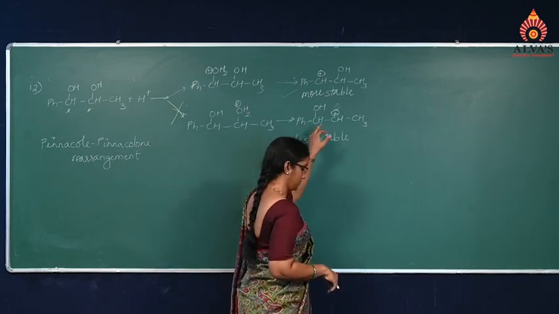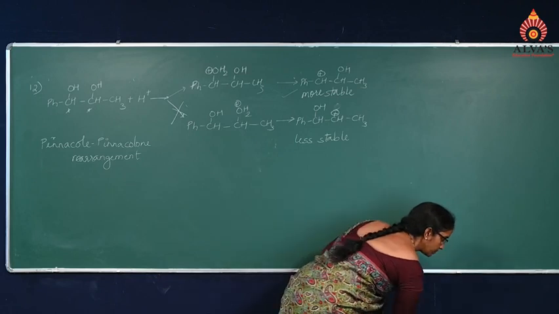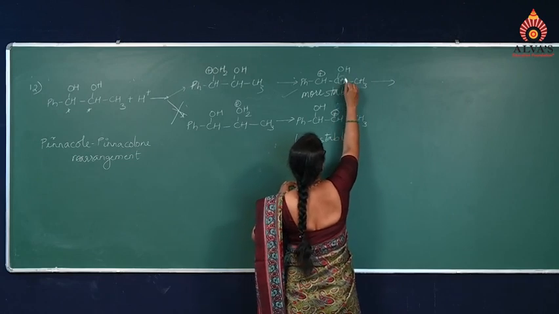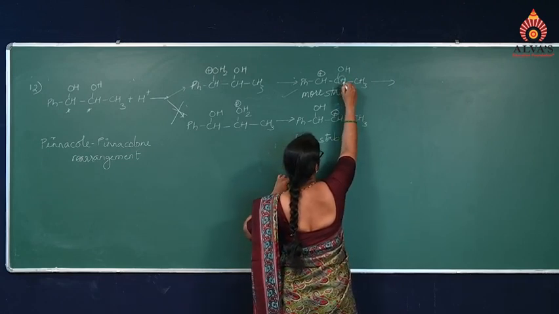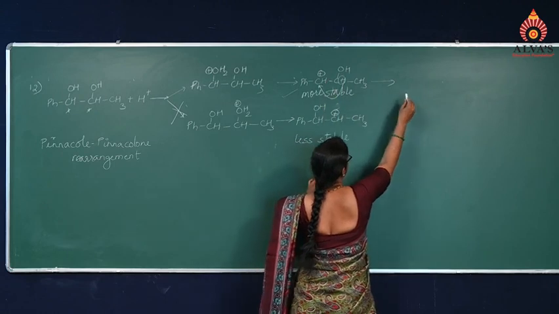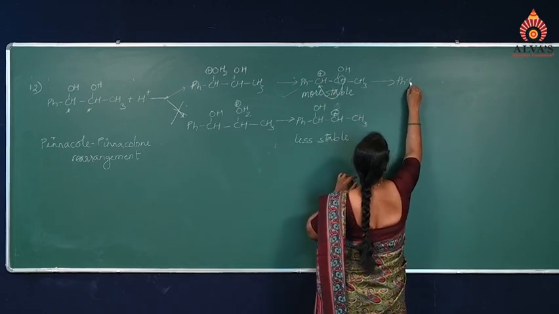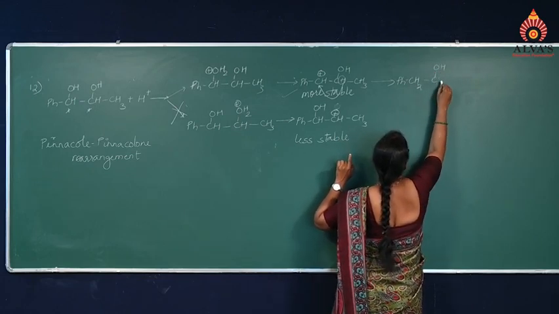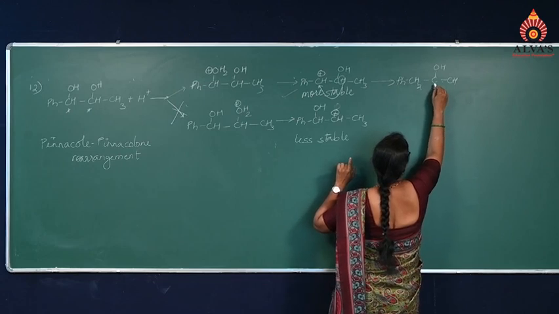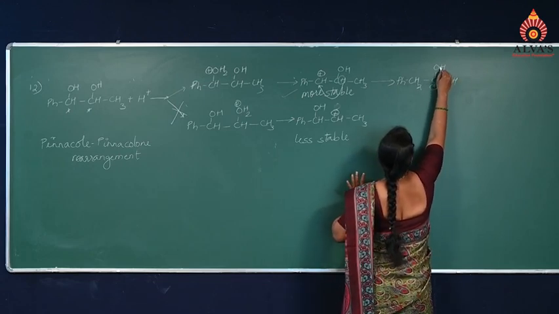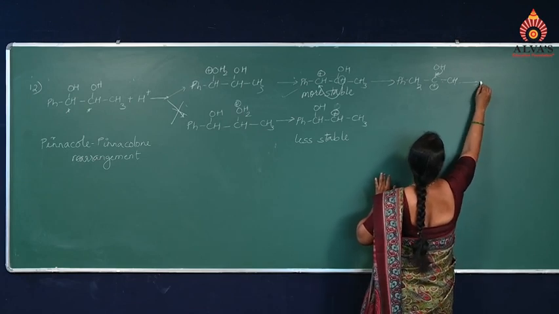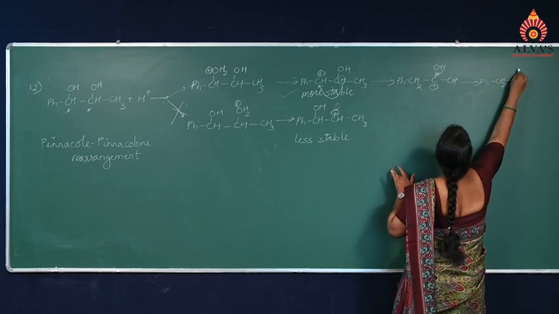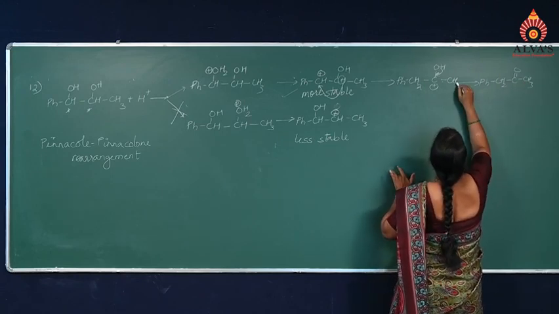The next step will be a shift of proton from this carbon to this carbon, resulting in formation of PhCH2C+(OH)CH3. Then there will be elimination of proton resulting in formation of PhCH2C(=O)CH3.